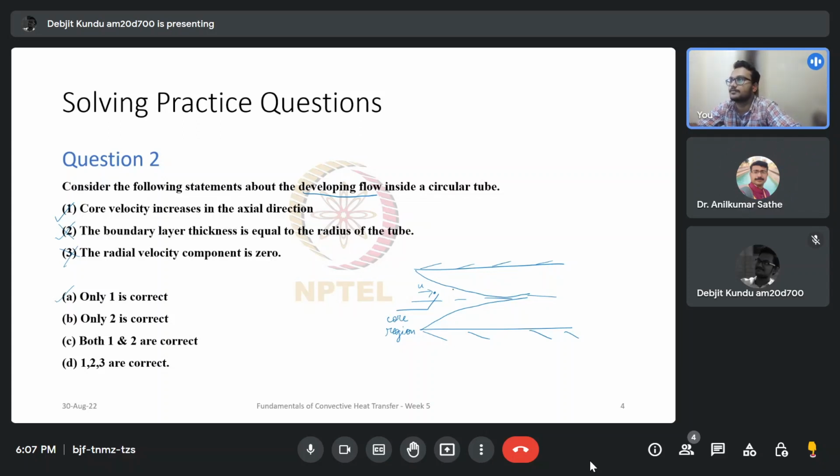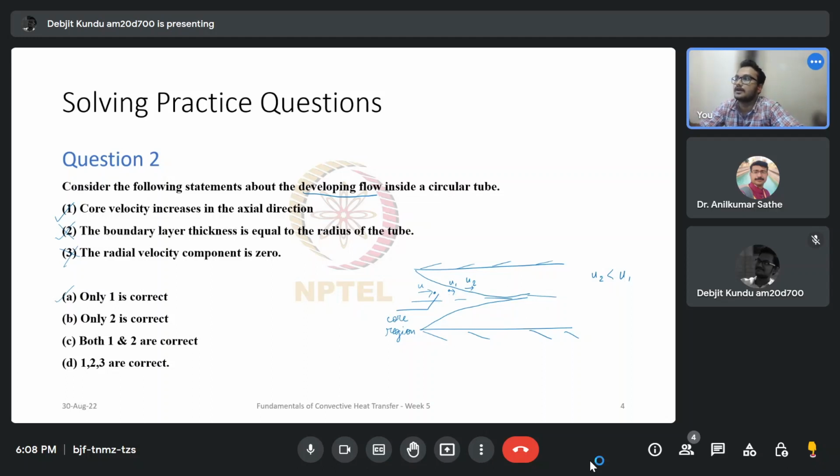Because if we consider any location here, let's say we consider 2 points, one before crossing the boundary layer and one after crossing the boundary layer. The velocity here and the velocity here, if we consider u1 and u2, u2 is less than u1 because of the boundary layer growing there, and it is becoming lesser than the free stream velocity.